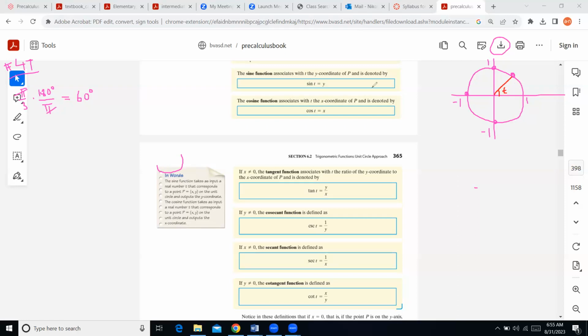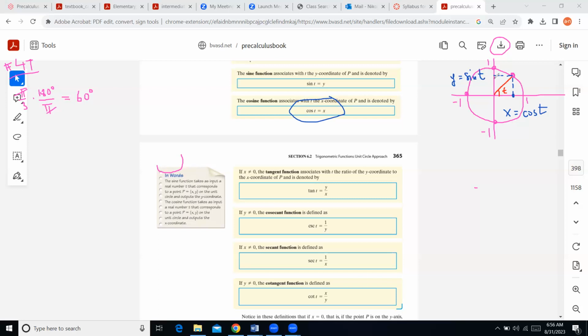You can call the measure of an angle with any letter you like. So we get a pair of coordinates of this point. There's going to be the x coordinate that they like to call the cosine of that angle T, and also the y coordinate, which is called the sine of that angle T. This is a definition. So that's something that one needs to remember, right?